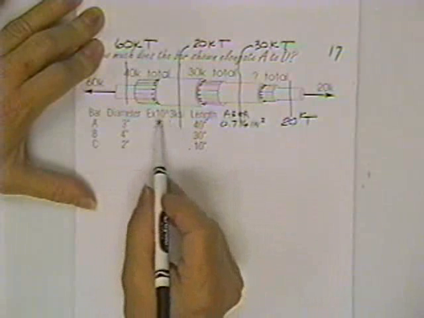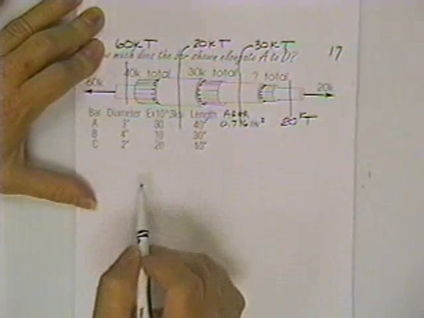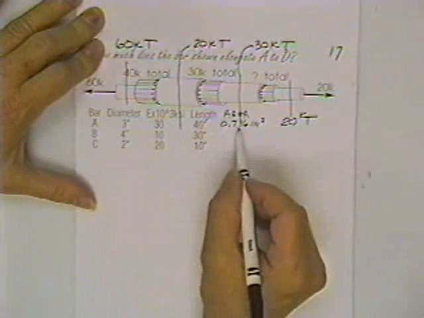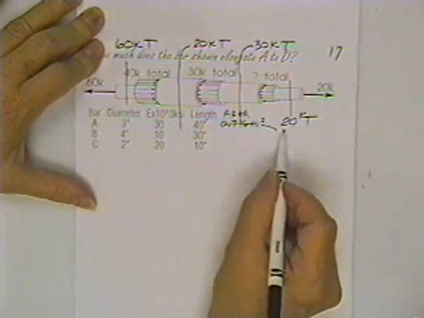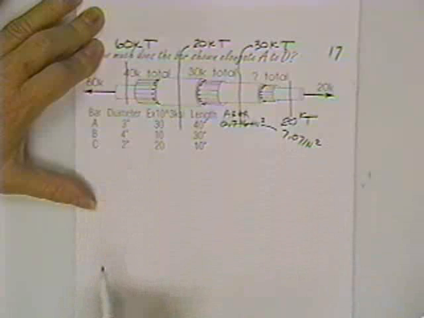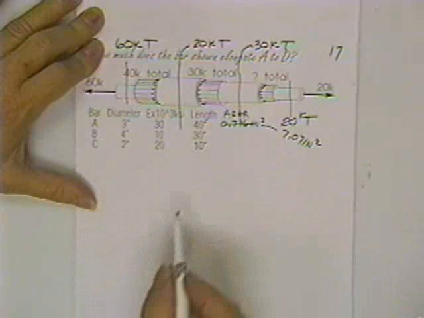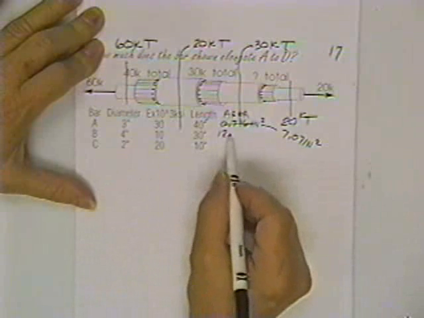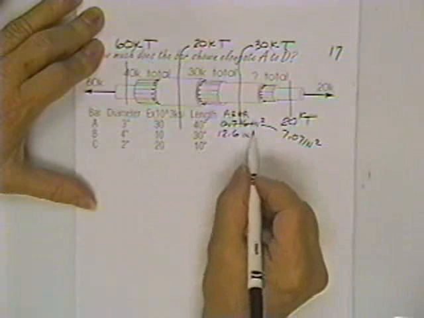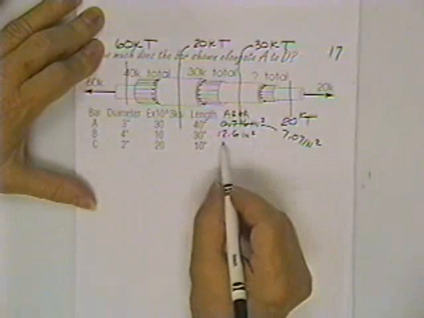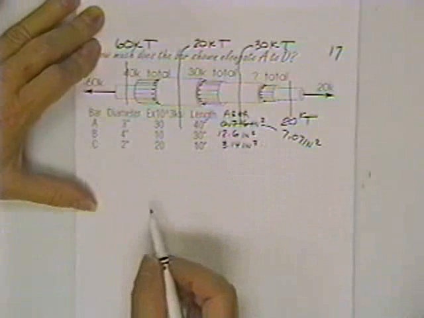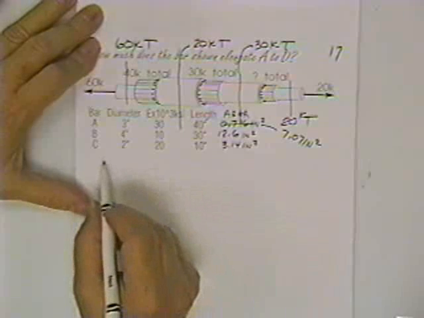I was thinking he doesn't tell us what the value is. Going to change that number? 7.07. 7.07 square inches. Alright. What do you get for our 4-inch diameter rod? 12.6. And for a 2-inch diameter rod? 3.14. Okay. So now we're set to find anything else we want.